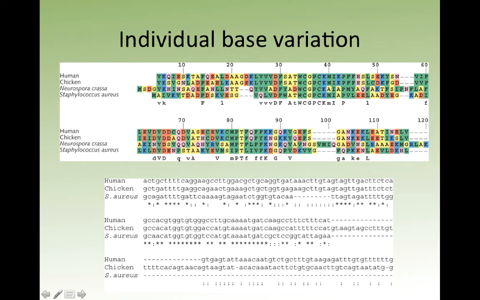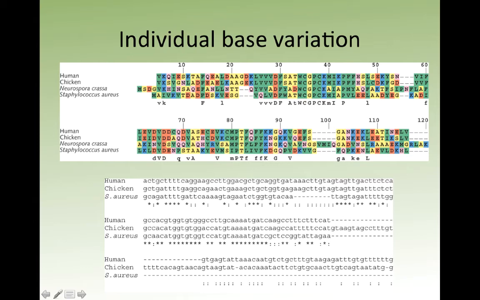So every time there's a symbol, these are sequences that show conservation between human and chicken, the two vertebrates. You'll see that there are a lot of these sites that show conservation there. And there are large sections where you might see no conservation with bacteria. There are, however, some sites where there's quite a bit of conservation with bacteria.